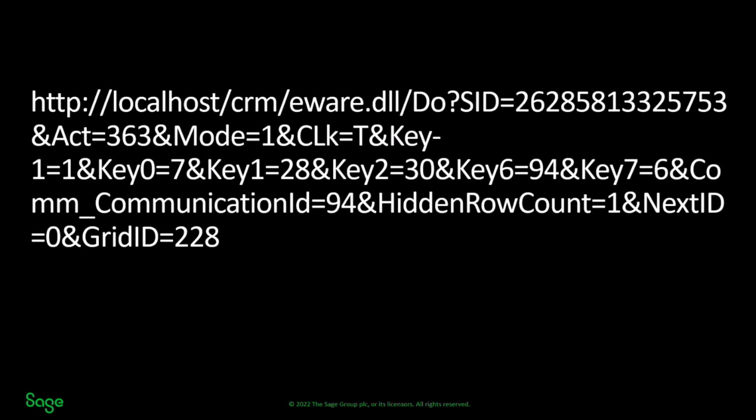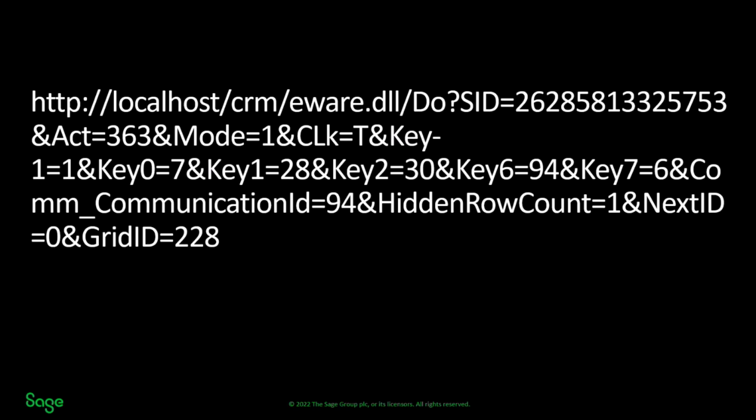I've even got a key 6 equals 94, and key 7 equals 6. I can read that and tell that I'm looking at key 0, which is 7. So I am looking at a communication, and I can see that the communication here is key 7 equals 6.